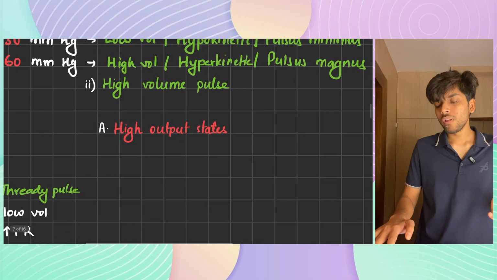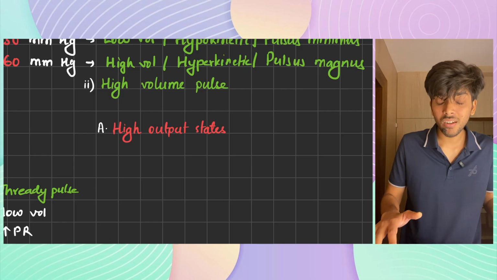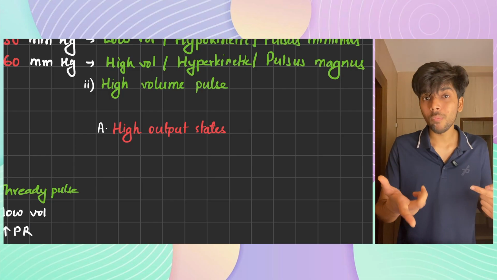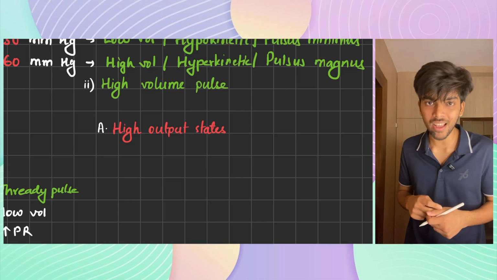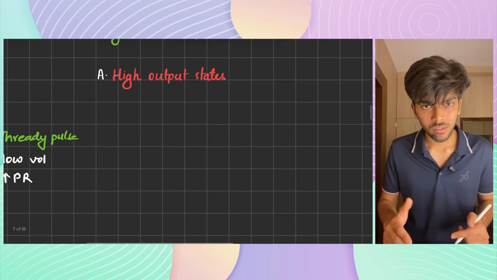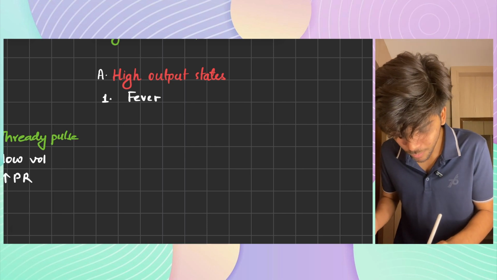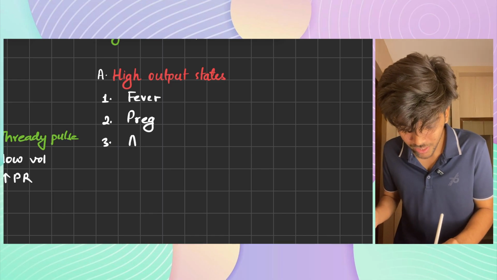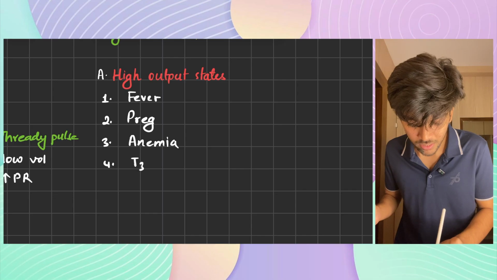If low volume pulse is a result of low output states, then high volume pulse is a result of high output states. And guess what? I've already asked you to mock up all the high output states under the topic of pathological causes of tachycardia. So tell me, fatafat. Number one, fever. Number two, pregnancy. Number three, anemia. Number four, thyrotoxicosis.